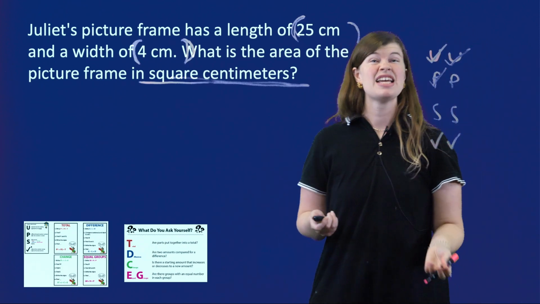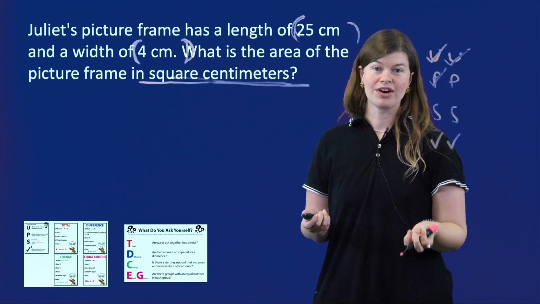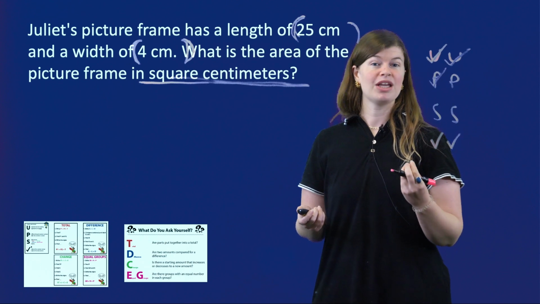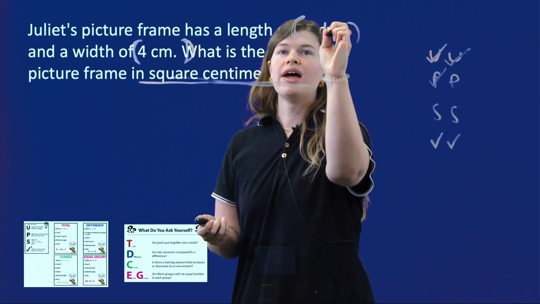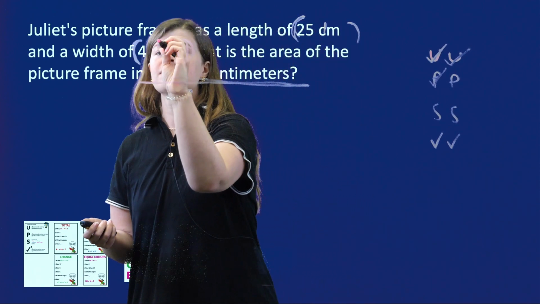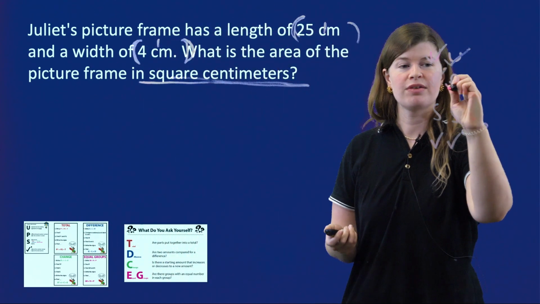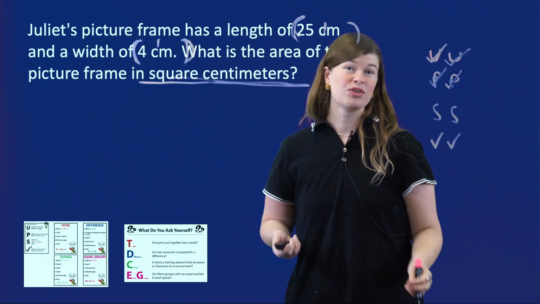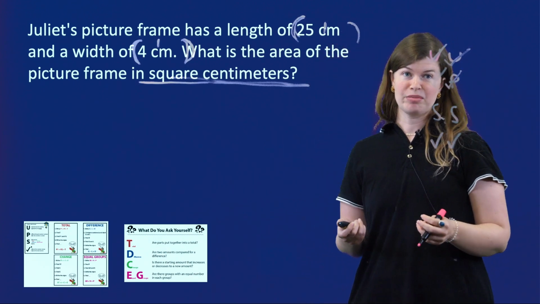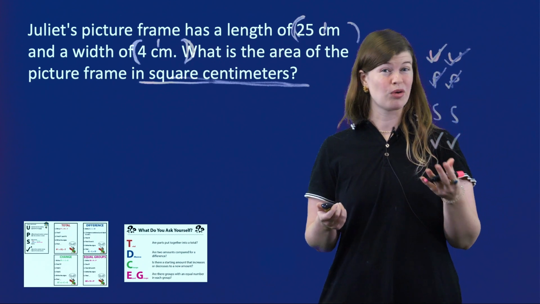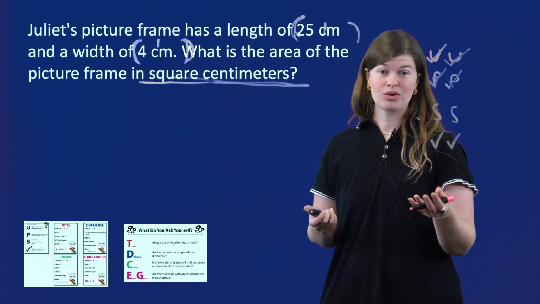Our second P stands for put numbers in order. This is a single-step equal groups area problem, so I'm going to put a 1 on top of each one of these. And check off the letter P. Our first S stands for schema. We need to identify the schema here. Now, if this was perimeter, it would be a total problem.